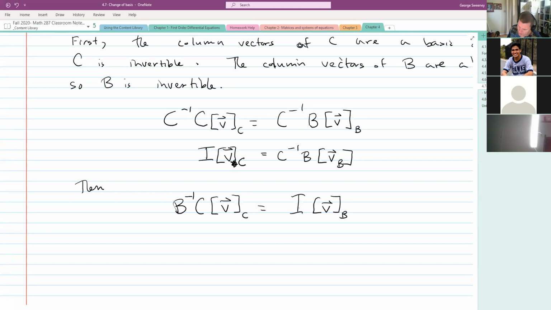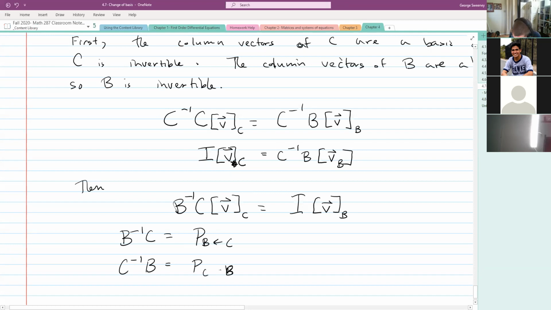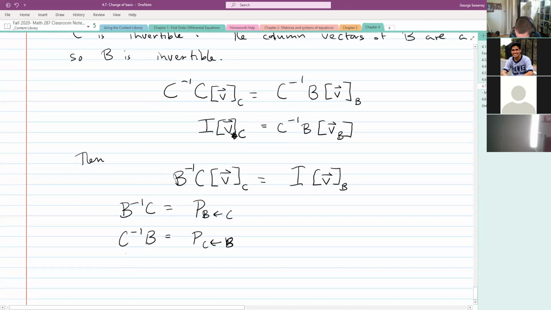All right, but here is what I want to do. So now B inverse C equals P, C into B, and C inverse B is equal to P, B into C. So those things are both true. Now we're going to take B inverse C times C inverse B. That's what we meant to do.